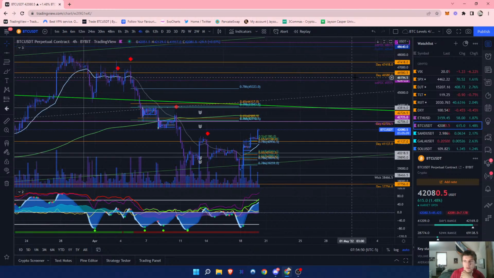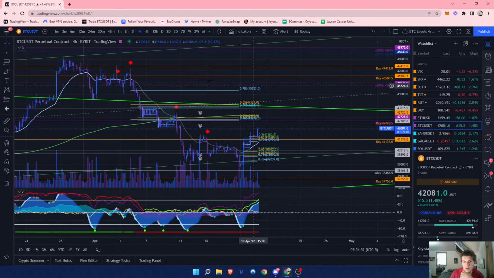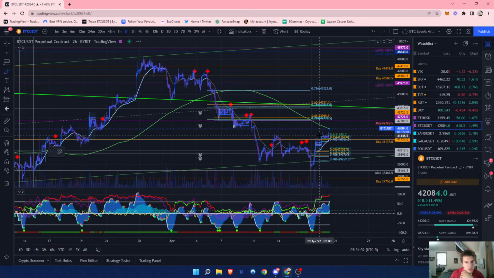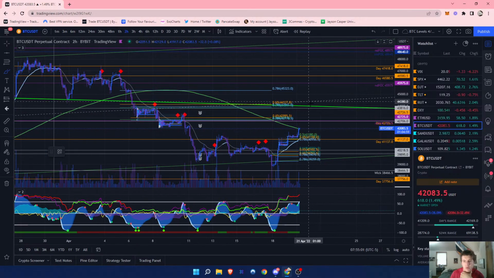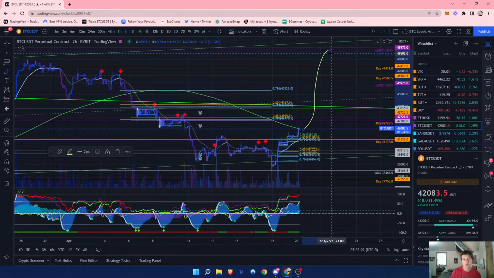So speaking of which, based on the 24-minute or 2-hour even, we could get a massive move up, looking at this area, naked monthly point of control and naked daily point of controls.